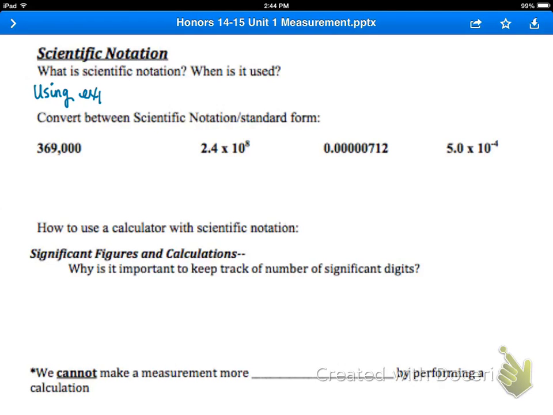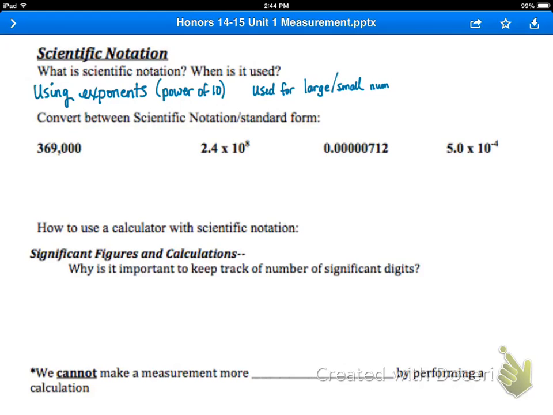All right. So let's talk about scientific notation. First, what is it, and then when is it used? So, scientific notation is using exponents or powers of 10, usually for very large numbers or very small numbers.